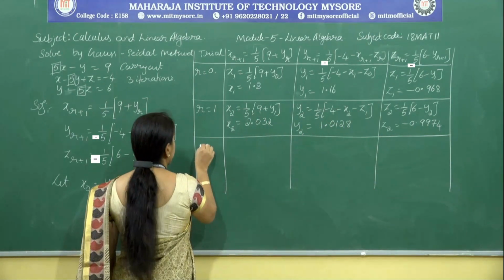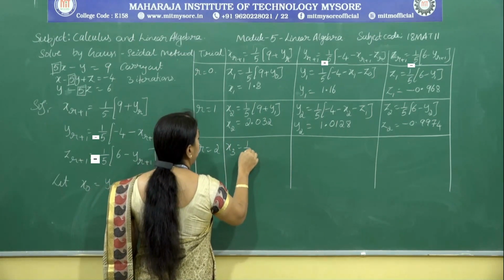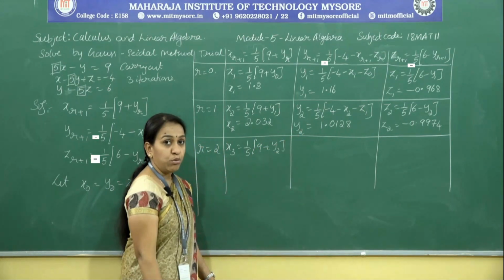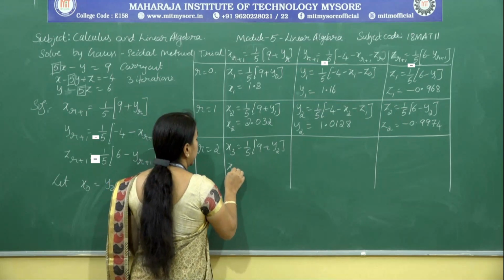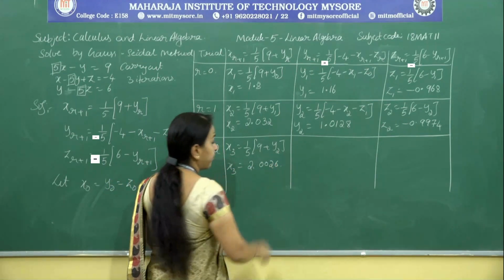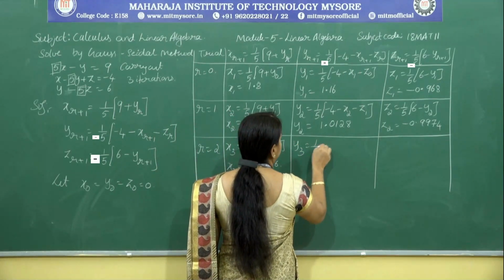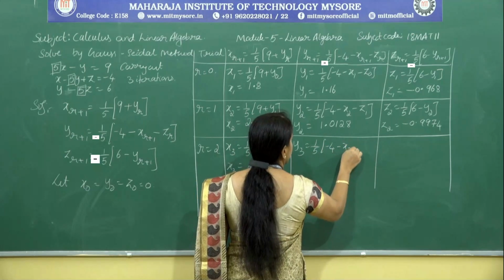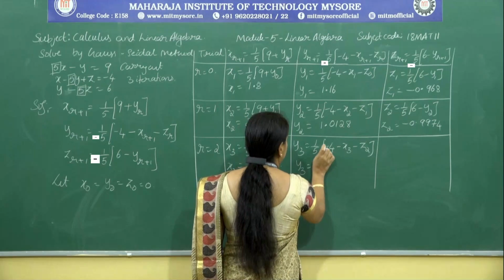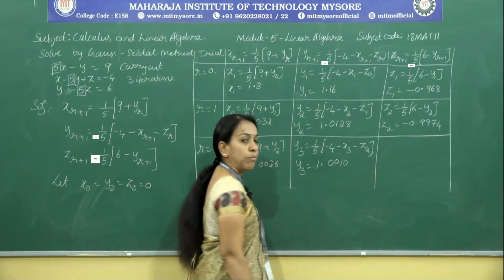Okay, and the last trial, r equal to 2, so that x3 is 1 by 5 into 9 plus y2. You know what y2 is, right? Substitute that, so that I will get x3 as 2.0026. Then y3 is 1 by 5 into minus 4 minus x3 minus z2, so that y3 is 1.0010.